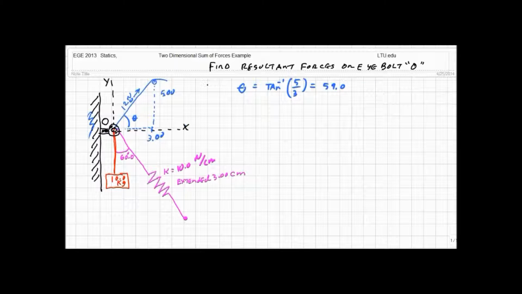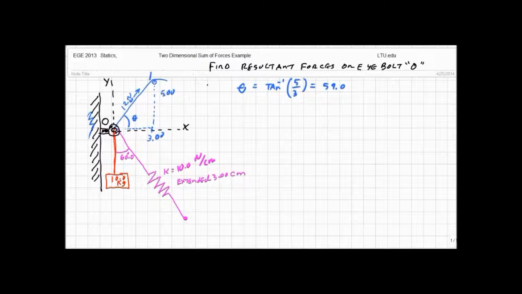So let's erase that, and then we're going to say that my angle is 59.0 degrees. Okay? And my magnitude, I already know, is 12 newtons. So I can calculate the force in the X direction.